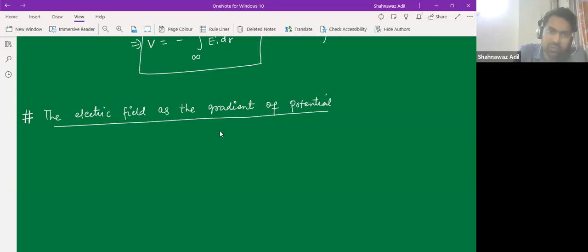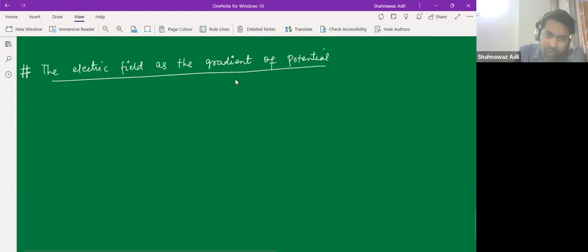Right. So we saw that the potential difference, delta V, was minus E dot dr. So if we take the integration sign to the opposite side, this will become delta R. So if I take this integration sign to the left hand side, this will become differentiation.